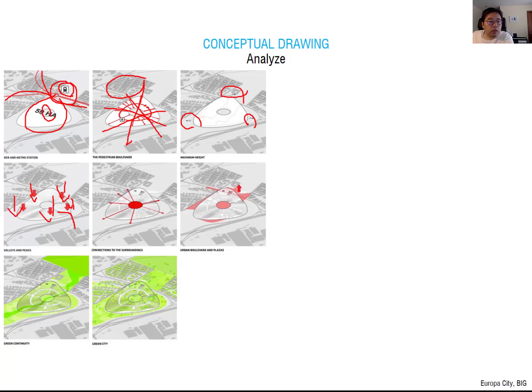Then they also considered the sub circulation from the main public space. They thought the center of the building could be the major gathering space. So they decided on this major gathering space, directly connected to the passageway to the city.